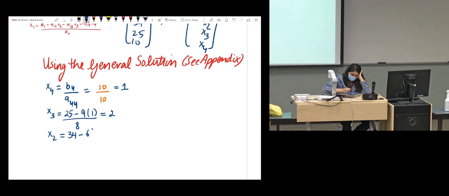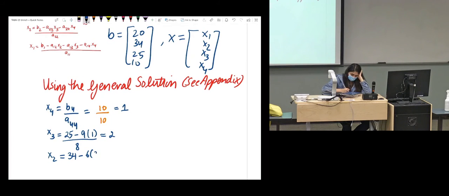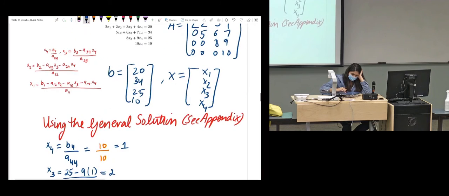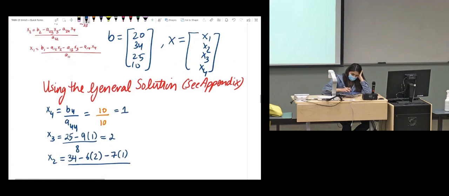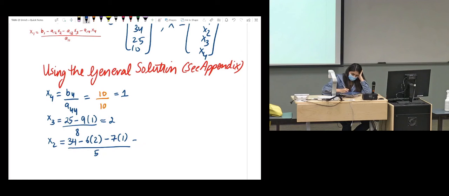Minus 6 times x3, which is 2, minus a24, which is 7, times x4, which is 1, divided by a22, which is 5. This becomes 34 minus 12, is 22. Minus 7 is 15. Divided by 5 is 3.